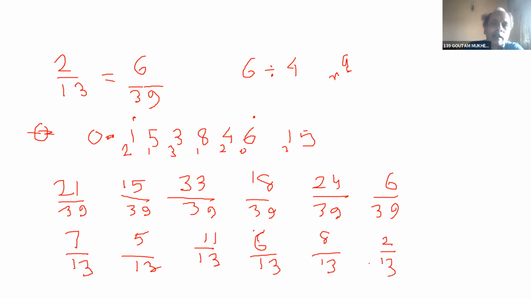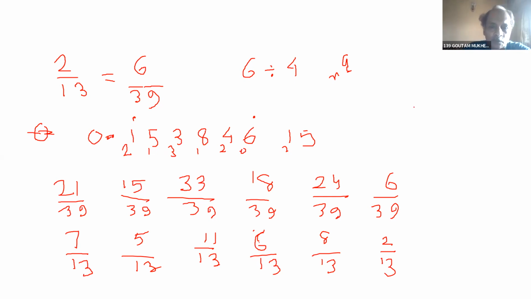The rest are there. Rest means 1, 3, 4, 5, 6, 7, 8, 9, 10, 11, 12. The rest of the things will come to the other group.